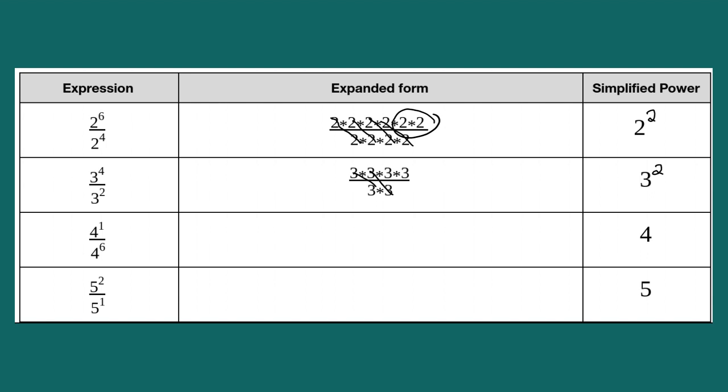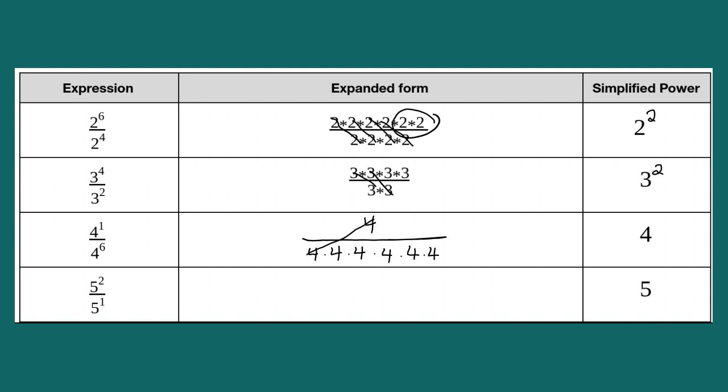Now in our third example, we need to write this expression in expanded form. In the numerator, we have 4 to the first power, which is just 4. And in the denominator, we have 4 times itself 6 times, or 4 to the 6th power. So in this example, there's only one pair that we can make between our 4s.